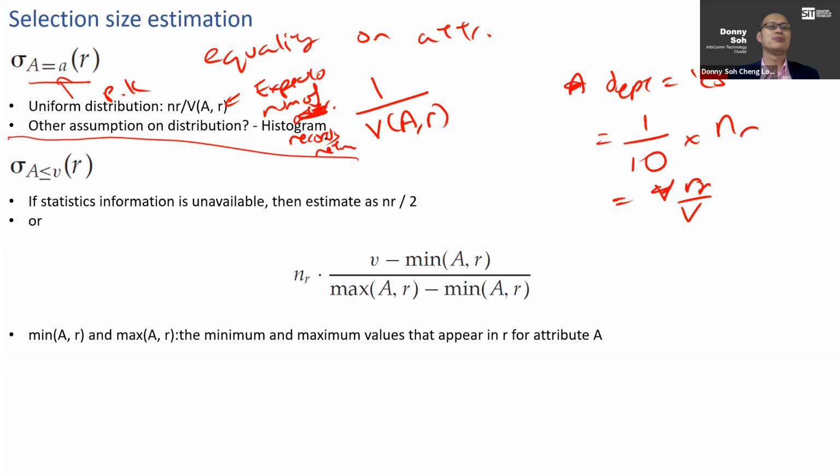I thought this was a probability, but it is the expected number of records returned. The probability of a record being selected is 1 divided by V.